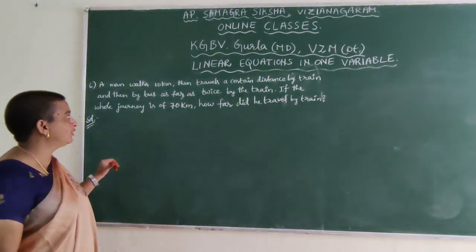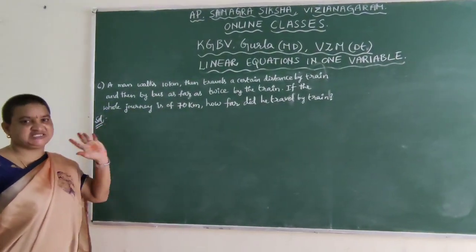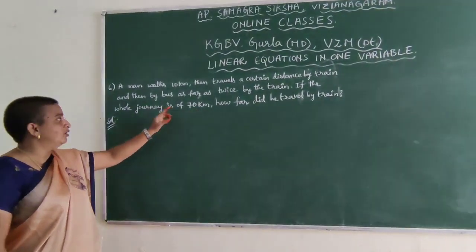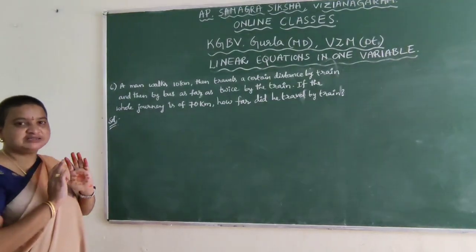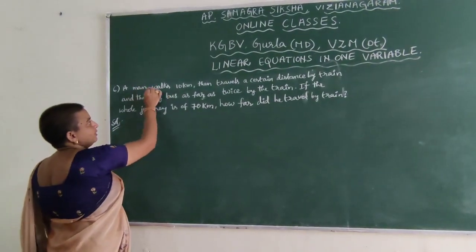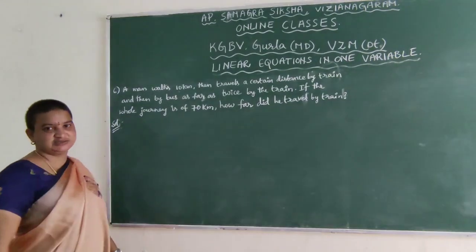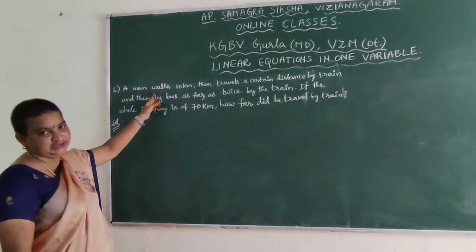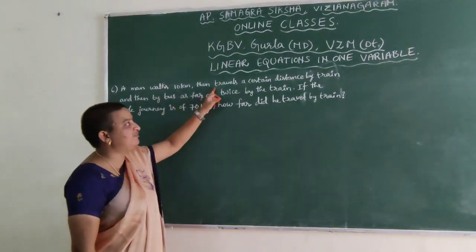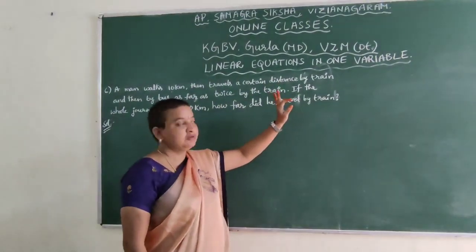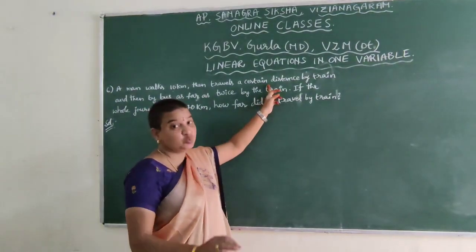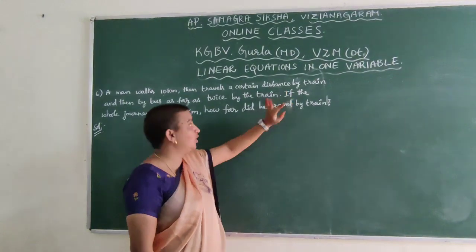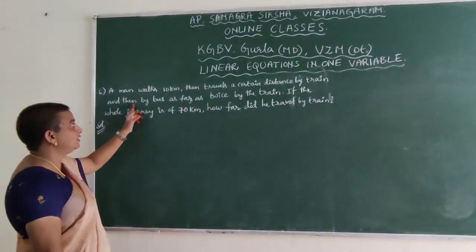A man is traveling some distance. The whole distance is 70 kilometers. First, he traveled a distance of 10 kilometers by walking. After that, he traveled by train. A certain distance means we don't know how much distance he traveled by train. And then by bus.